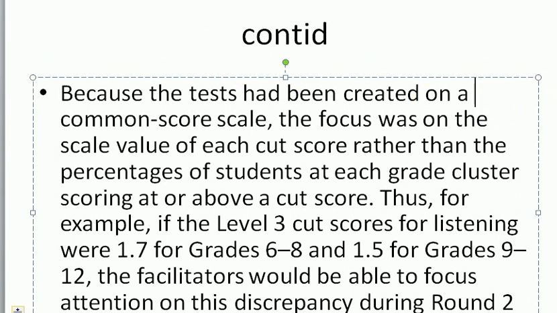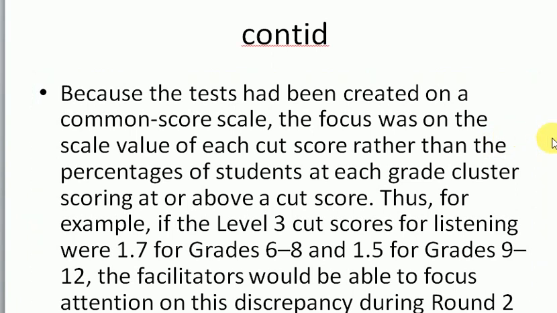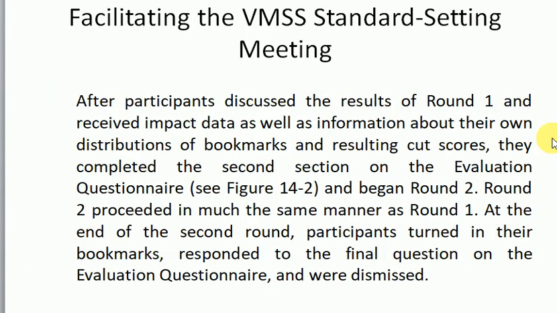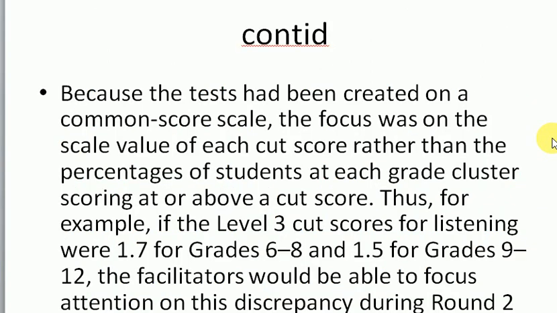Because the tests had been created on a common score scale, the focus was on the scale value of each cut score rather than the percentages of students at each grade cluster scoring at or above the cut score.